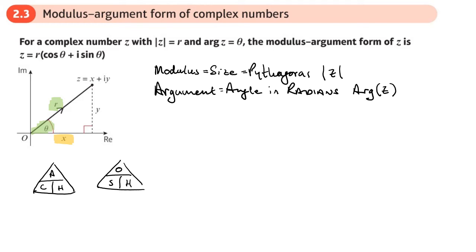Well, you would use cosine. And what you would do is cover up the bit that you want to find in the cosine triangle, which is a. You'd cover that up and say, I'll do the cos of the angle times r. So this side x is r cos theta, the hypotenuse times cos theta.